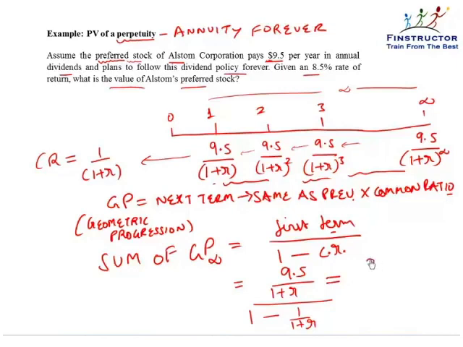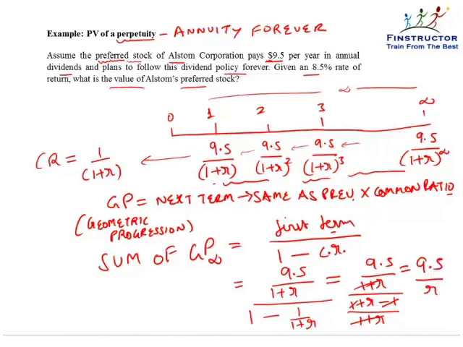It can be written as 9.5 upon 1 plus r, upon 1 plus r minus 1 upon 1 plus r. The 1 plus r will get cancelled from both denominators, and so what will be left is 9.5 upon r.